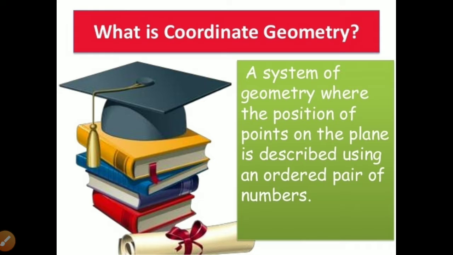The definition of coordinate geometry is a system of geometry where the position of points on the plane is described using an ordered pair of numbers. It means you need to find the exact position of the coordinates, and for that you need to understand the axes and how many types of axes there are, which you already learned in your previous class.